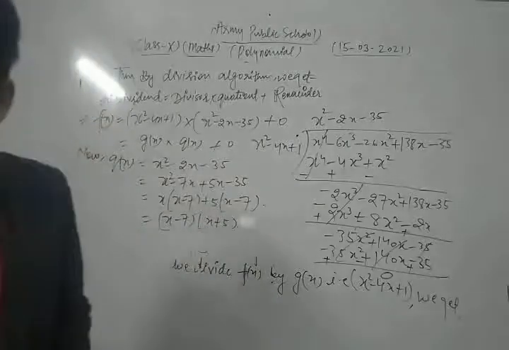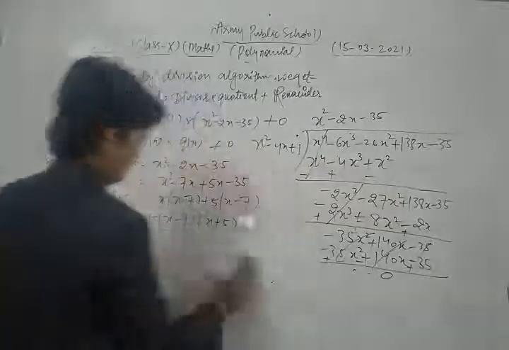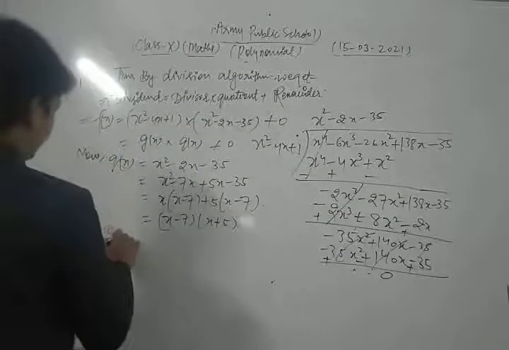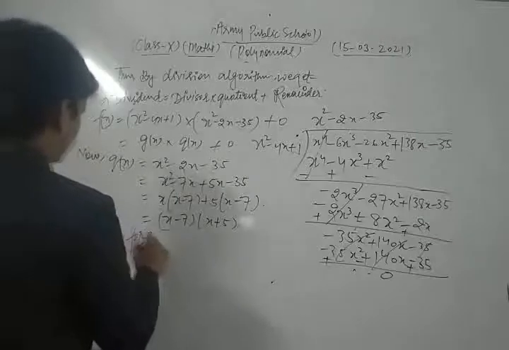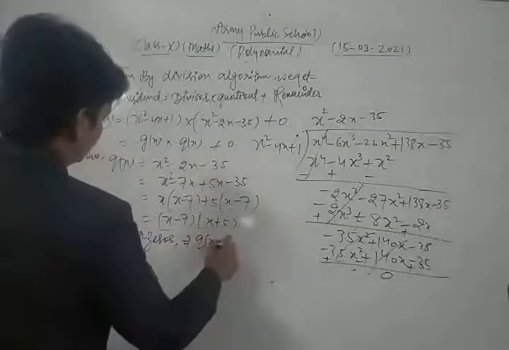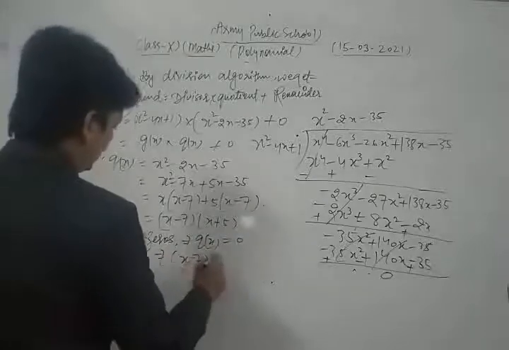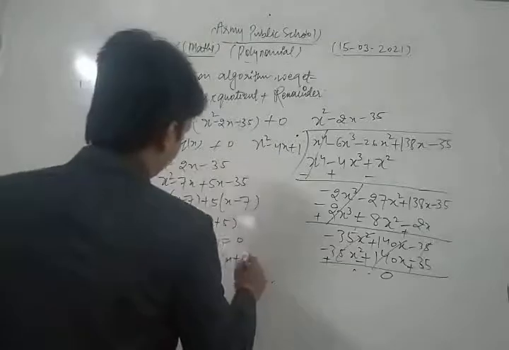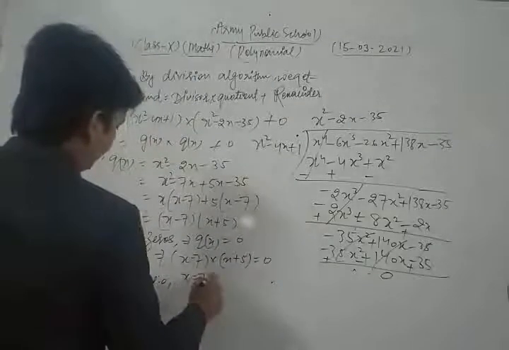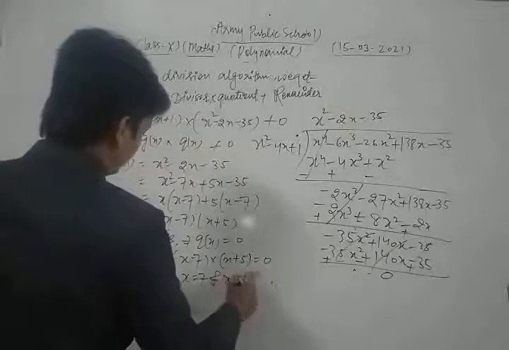Now for zeros, dear friends, we must take q of x equal to 0. So x minus 7 into x plus 5 is equal to 0. That is x is 7 and x is equal to minus 5.